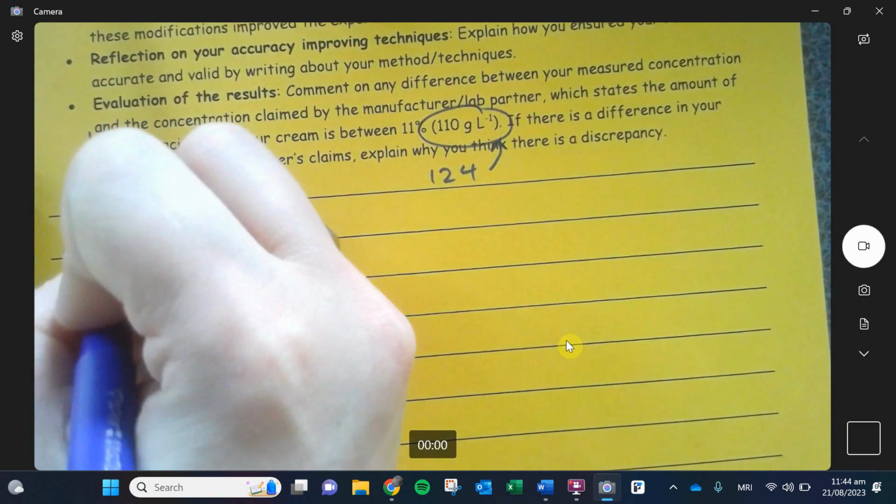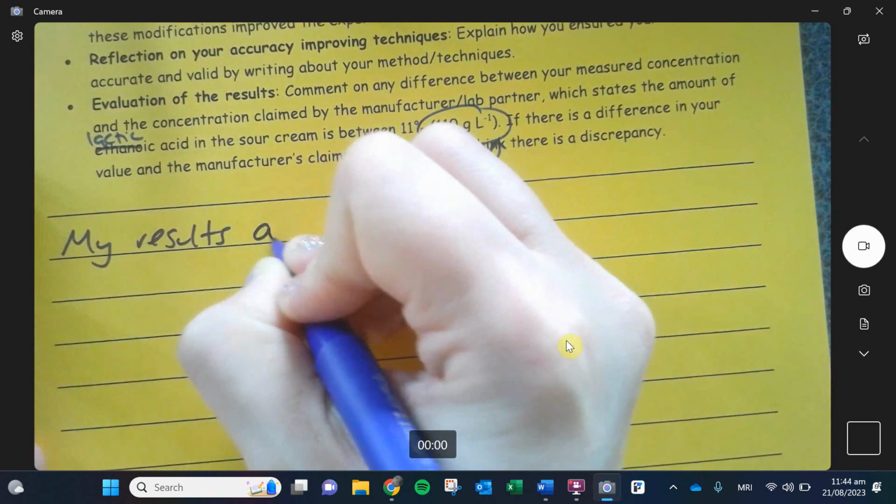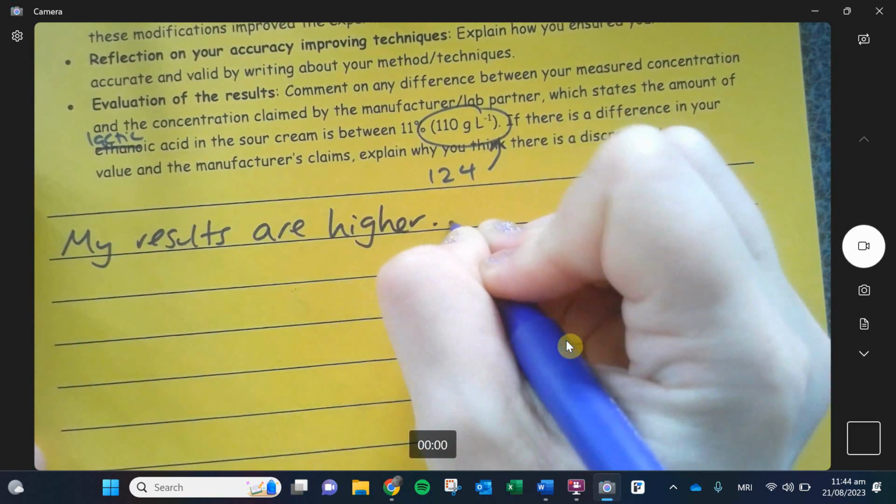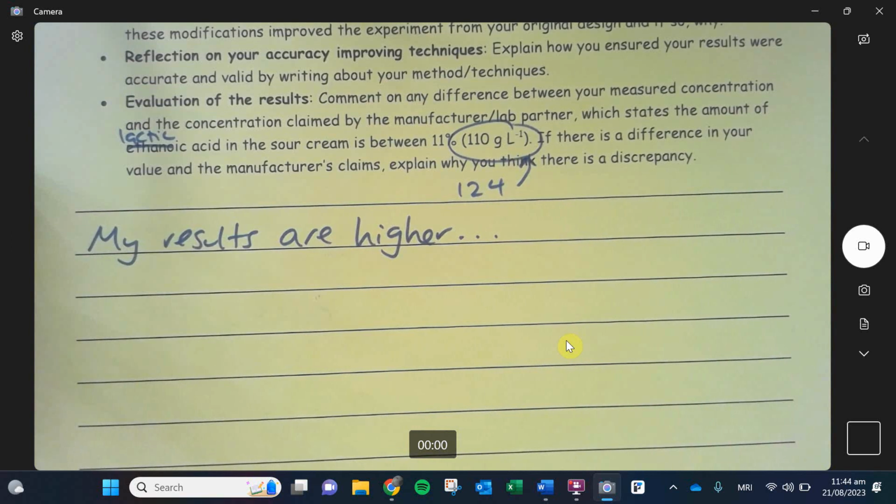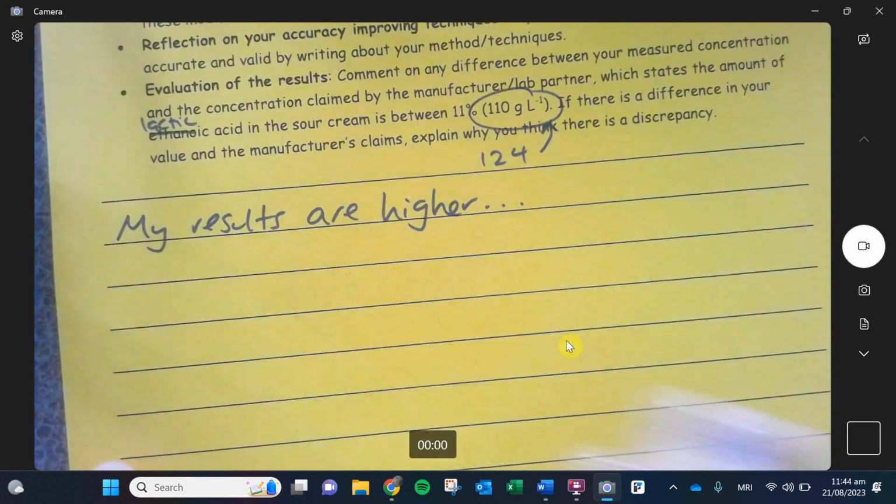So some things we can think about. If my results are higher, we are trying to predict why the manufacturer is claiming 110, but I get 124. One of the reasons could be that they are making the product at a higher concentration because they expect it to degrade by the time it gets to the supermarket or onto the shelf. So it could be a brand new product straight off the assembly line, and it's going to be a little bit more concentrated than what the consumer will actually use because they're planning for it to degrade with time. So that could be one reason why your results are higher.